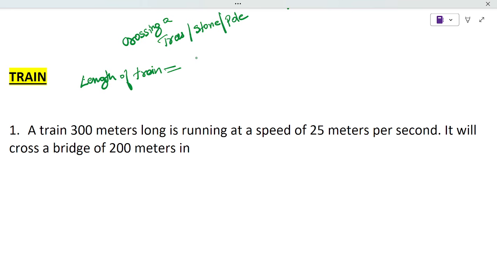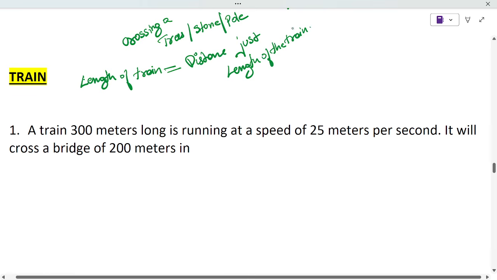The distance will be just the length of the train. That means whatever the length of the train is, that is the distance.